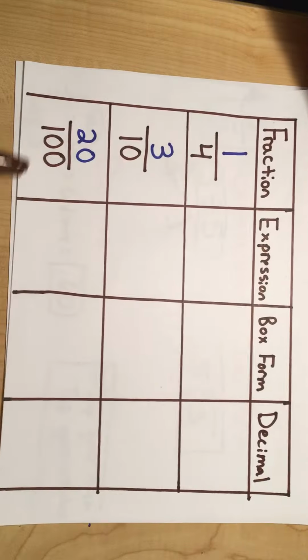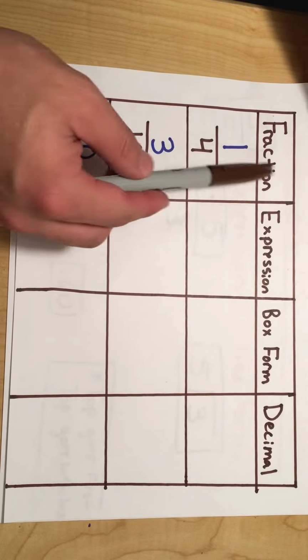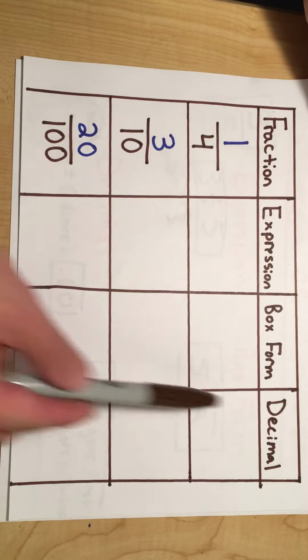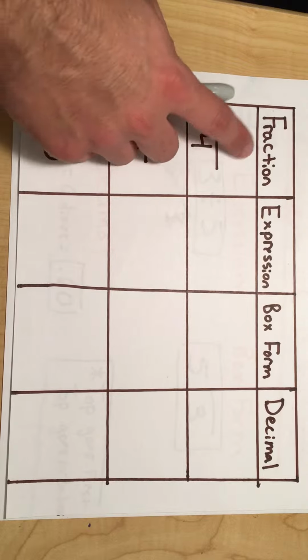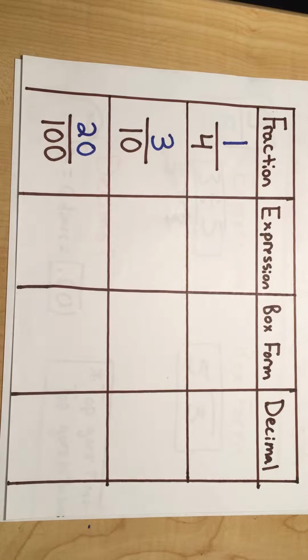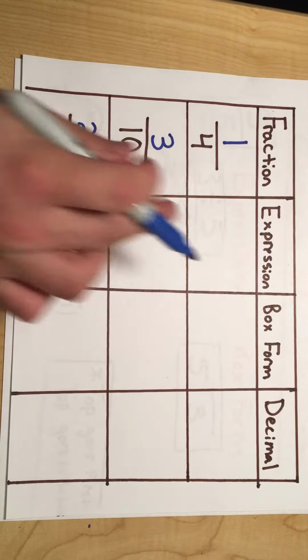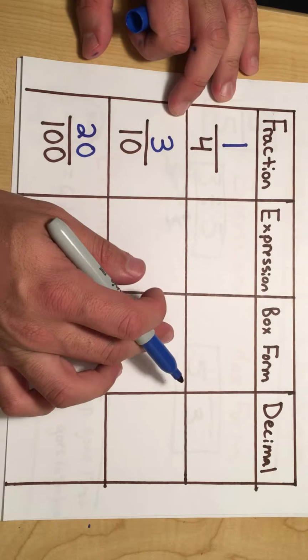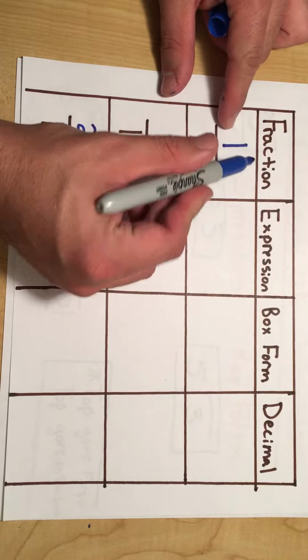So here we have them in fraction form. I created a table for us. We're going to write them in fraction, expression, box, and then decimal form. And here I actually put the numerator in the color blue so you guys could see where it belongs in expression form and in box form, okay? So the top number has to go first.